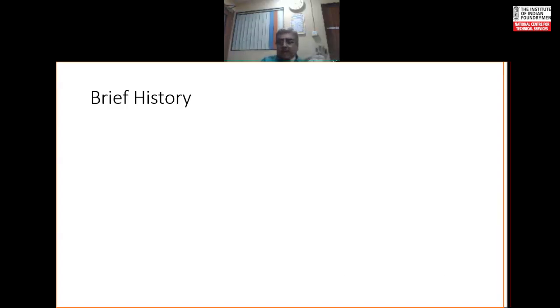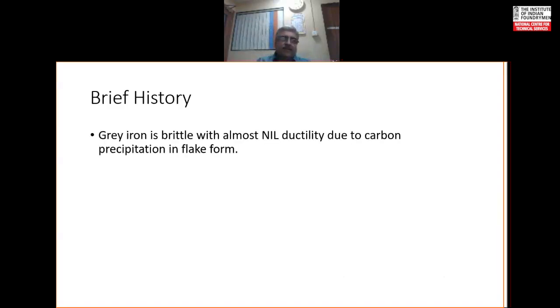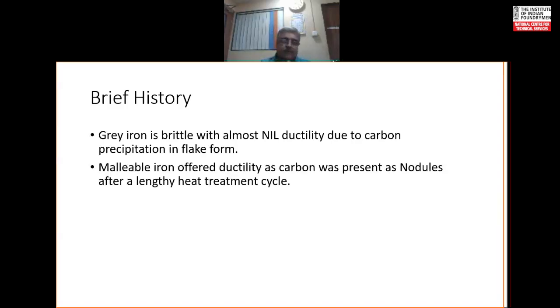We have already discussed it in our gray iron lecture. A very brief history. Gray iron is brittle with almost nil ductility due to carbon precipitating in flake form. So malleable iron was the option which offered ductility because carbon is present in the form of spheroids or nodules after lengthy heat treatment cycle.